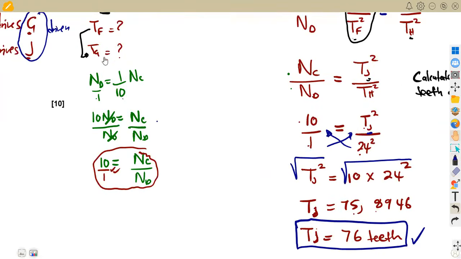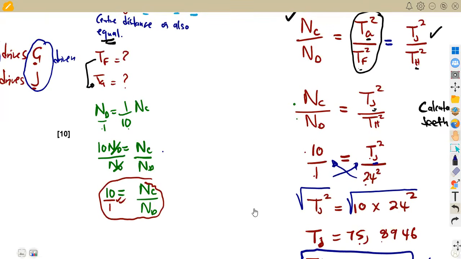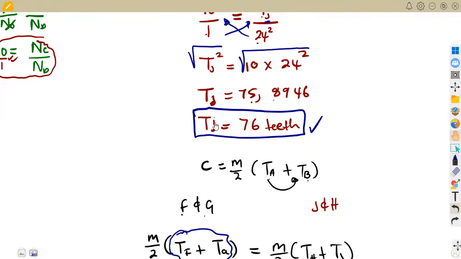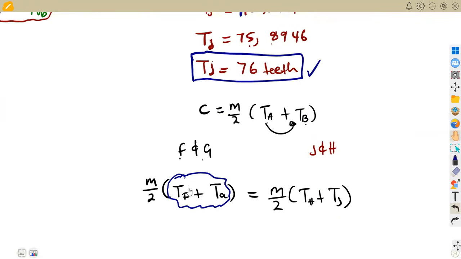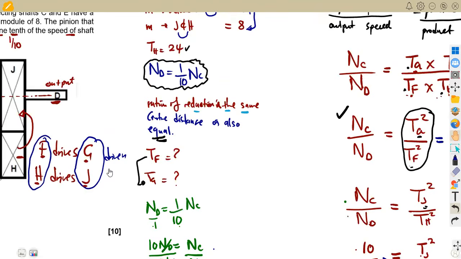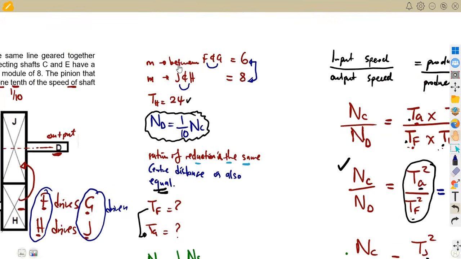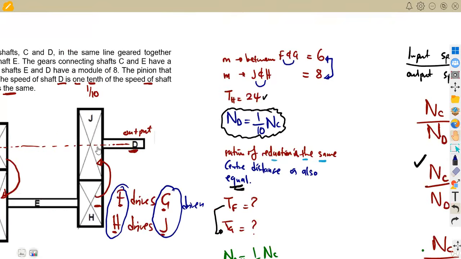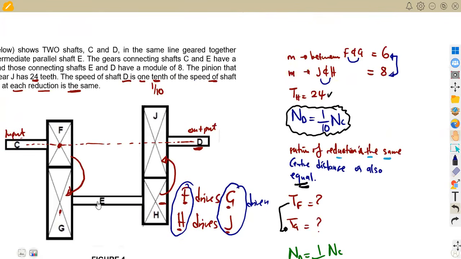Let us substitute the module between F and G, that is, between the shafts C and E. We said it is given as 6.